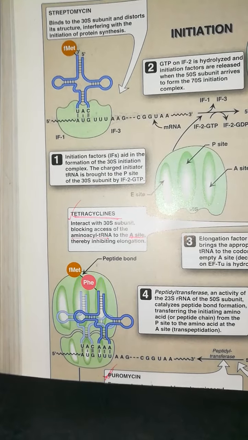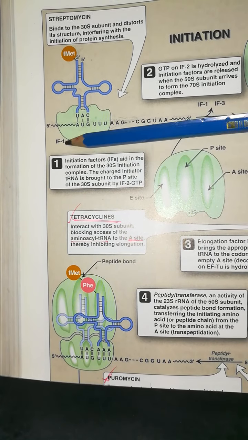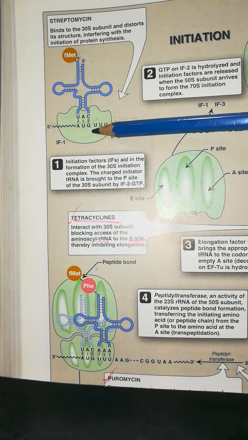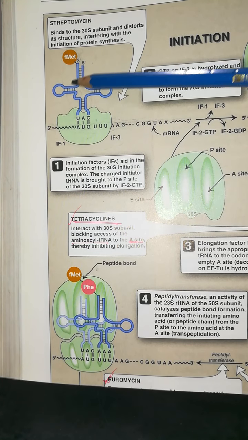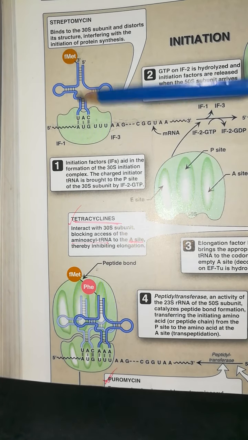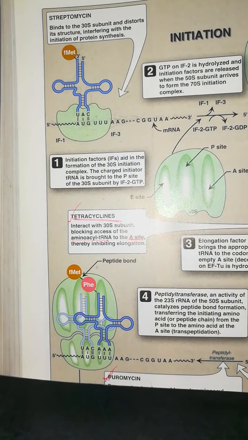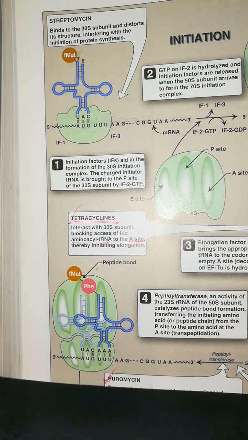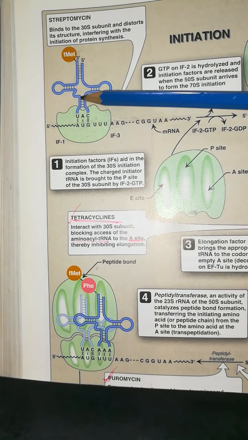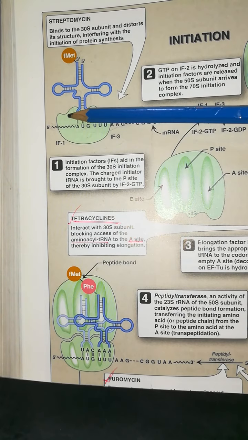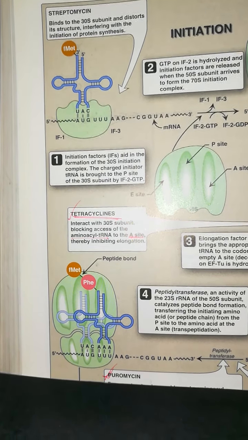So ultimately you follow the initiating factor. The small ribosomal subunit with the methionine-containing tRNA ultimately forms the pre-initiation complex, and this pre-initiation complex binds with this mRNA.